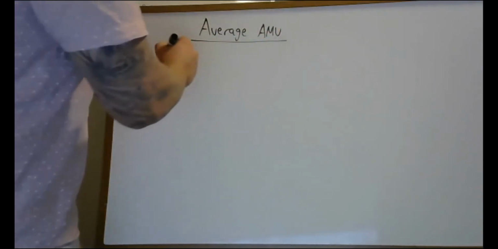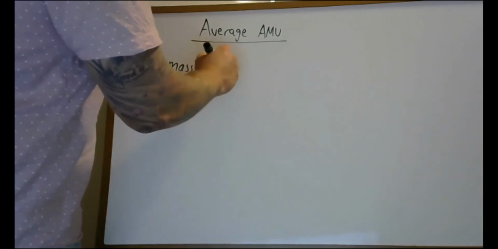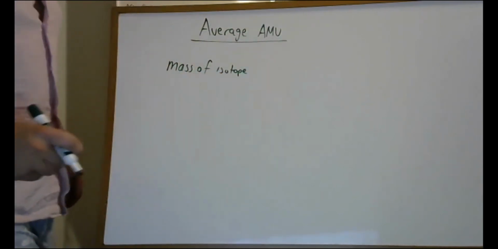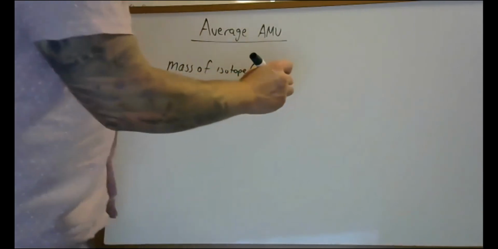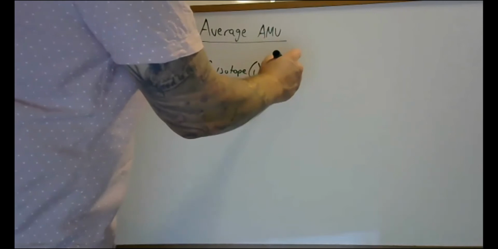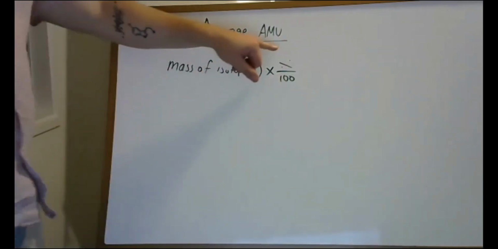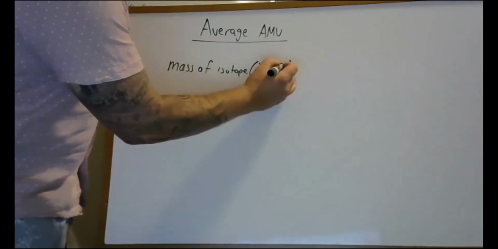So we have the mass, and this will definitely be on an exam for unit 1 and 2. Mass of isotope 1 times the percentage abundance. The percentage abundance will be given to you. You would never be expected to know that.